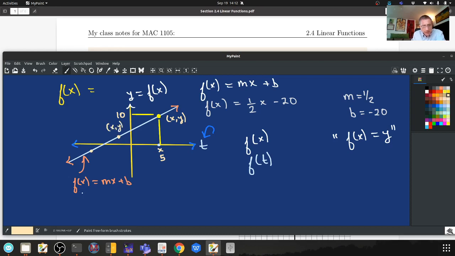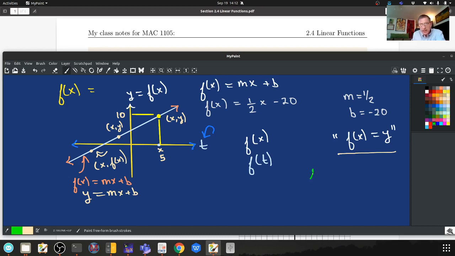But here, I don't have y anywhere in my function notation. That's where this comes in handy: y, the value of y, is equal to mx plus b. So if you wanted to, you could write an ordered pair on the line as x, f of x.